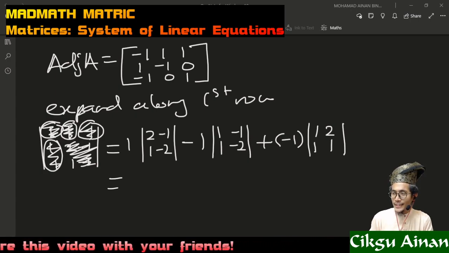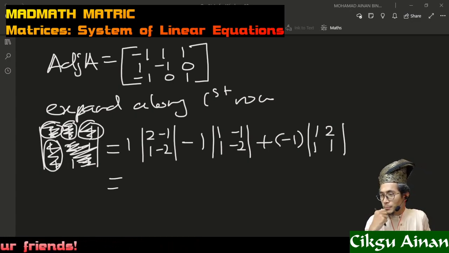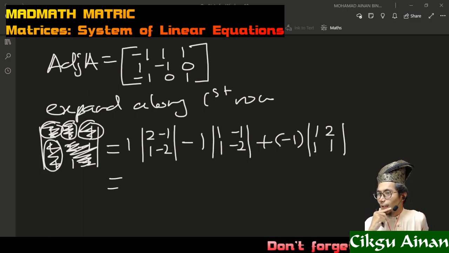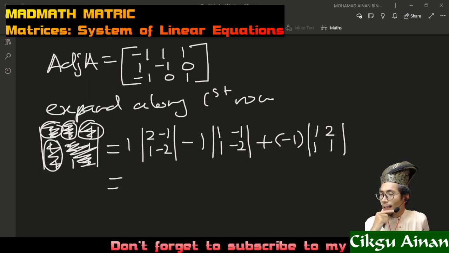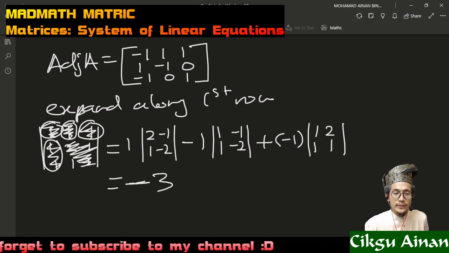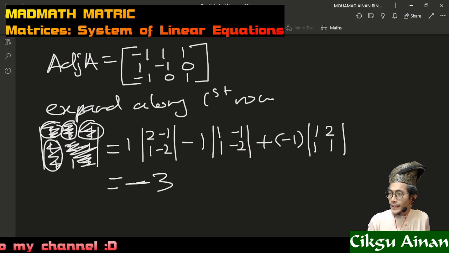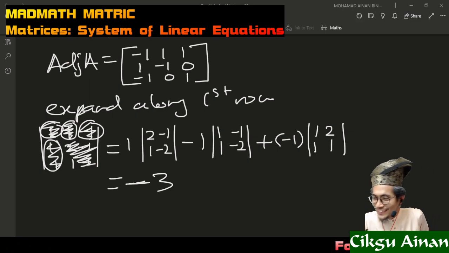Negative 3, Halimatun. Thank you so much, my dear. Negative 3. Okay, let's open it to the others. Anyone else? Is it correct? Negative 3? Okay. It's not that I don't trust you, but I don't trust you. Maybe some other people can verify. Don't worry, I don't trust my own students.